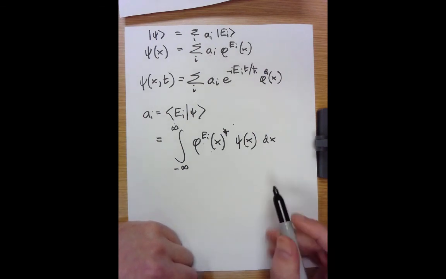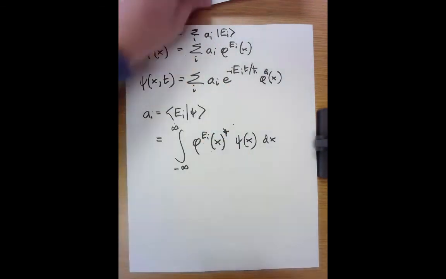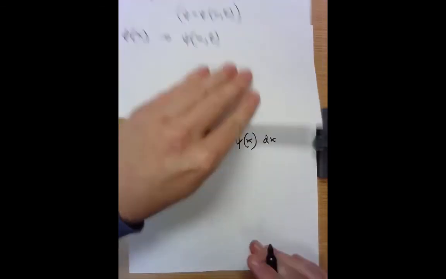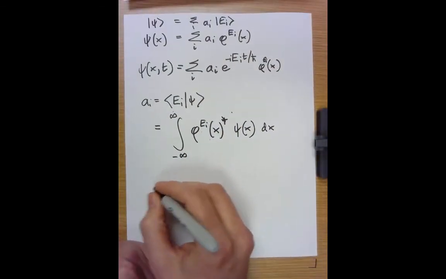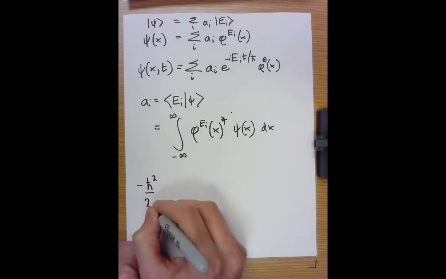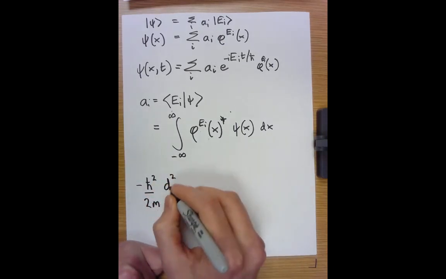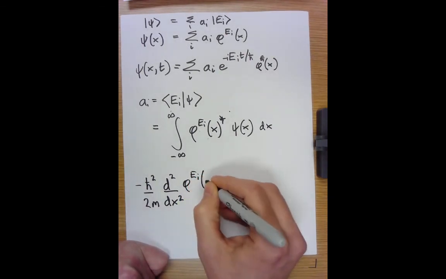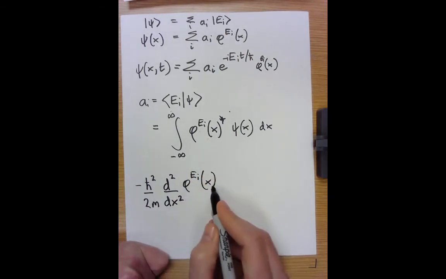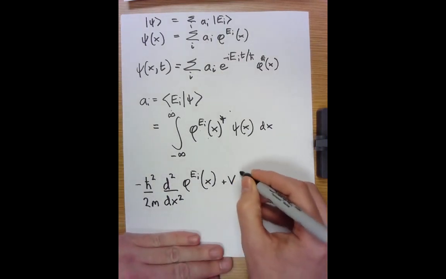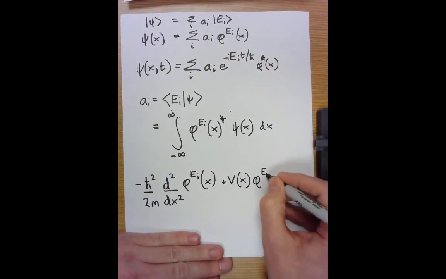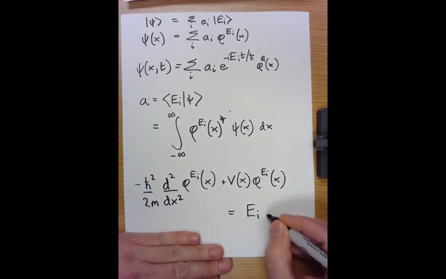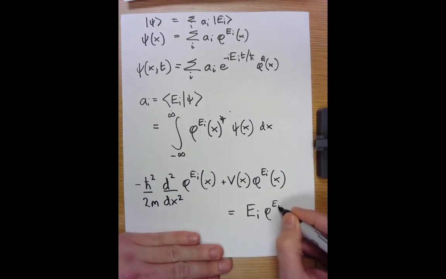If you then substitute this back into the time-dependent Schrödinger equation, what you end up with is the energy eigenvalue equation, which says that minus h bar squared over 2m d two phi E i by dx squared, and now we've got rid of the time dependence, we've just got these energy eigenfunctions, plus V of x times phi E i of x, is equal to E i phi E i of x.